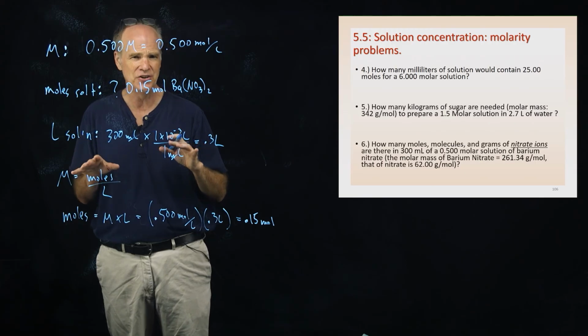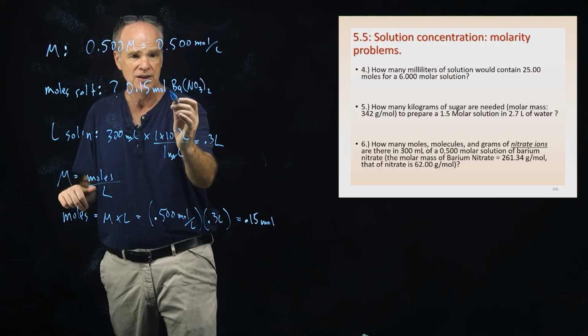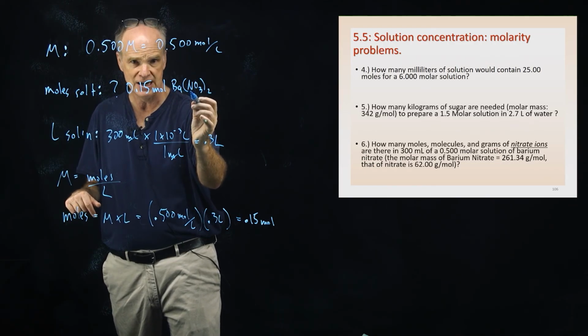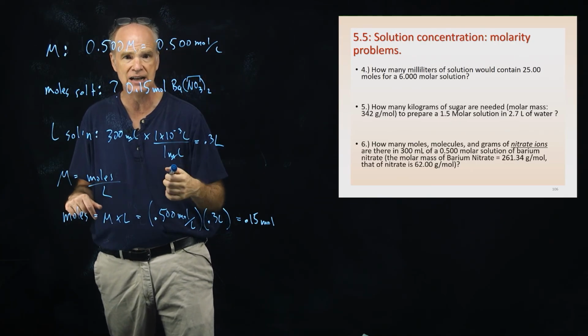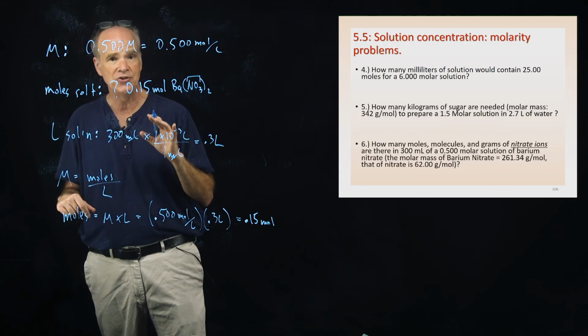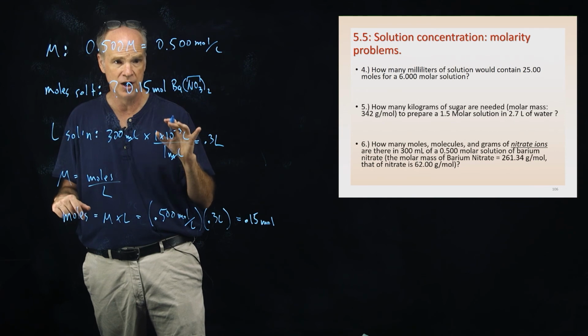So that actually isn't too difficult, because as you learned maybe a lesson or two ago, if we have 1 molecule of barium nitrate, how many nitrate ions do we have? So nitrate is NO3 minus, right? We have 2 nitrate ions for every 1 molecule of barium nitrate, which means you'll have 2 moles of nitrate ions for every 1 mole of barium nitrate.